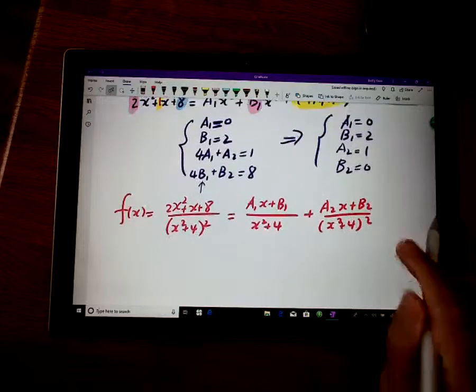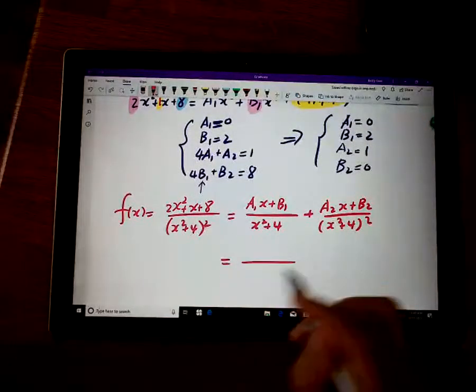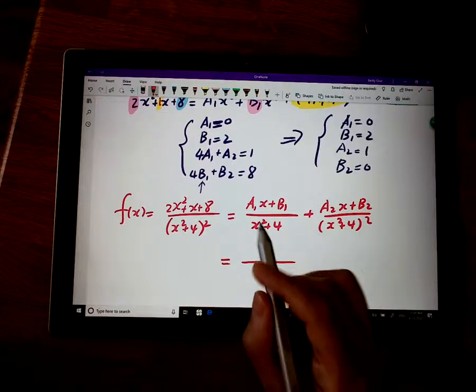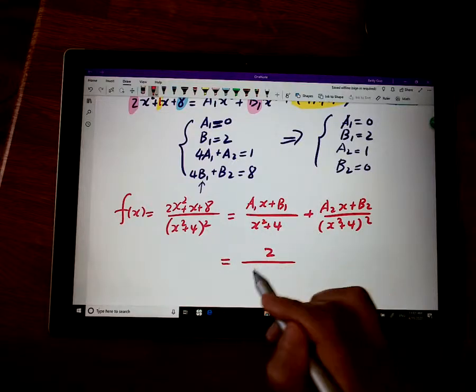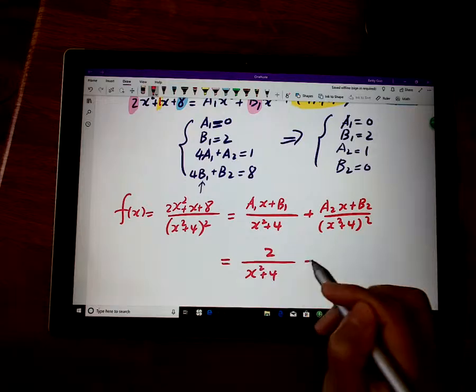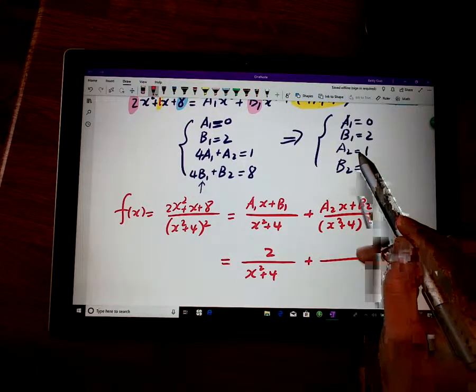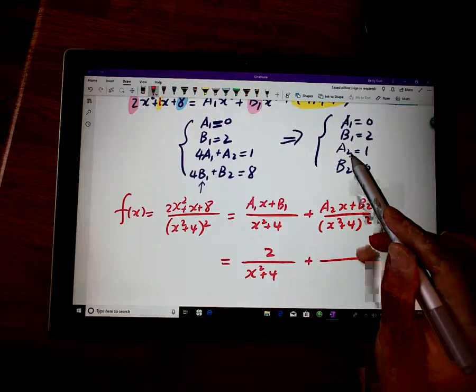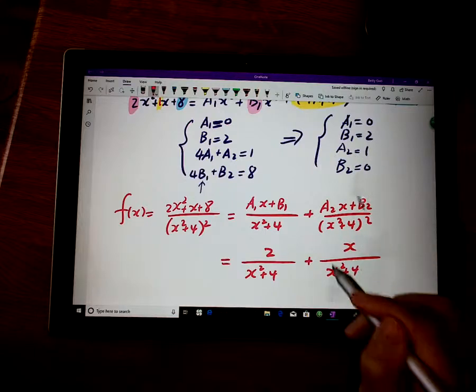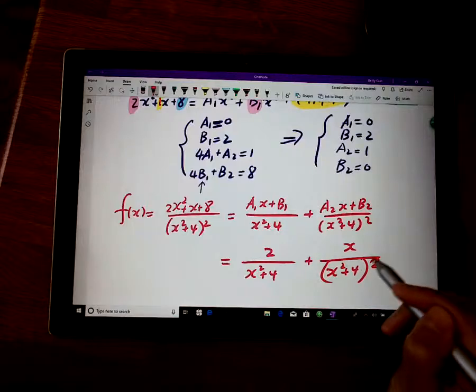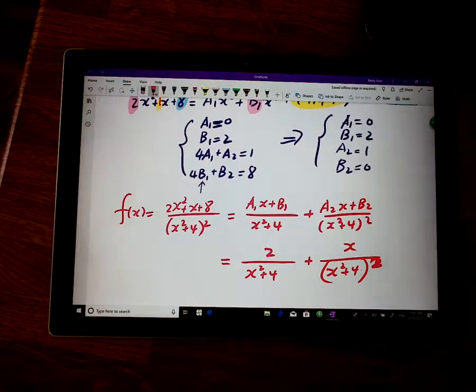Now we know the values for the 4 unknowns. We can plug them in. a sub 1 is 0. b sub 1 is 2, so we have 2 here. b sub 2 is 0. a sub 2 is 1, so we have x here. Second power. So that's the decomposition of the original rational function.